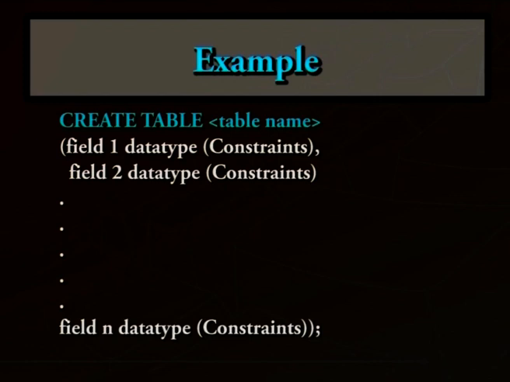The field or attribute names, like field1, field2, etc., specify the names of the attributes, or we can say columns, of the table that we want to create in our table. The data type in the syntax along with the column name is to specify the data type of the column, like integer, character, etc. Here data type means to mention what type of data we are going to store in this column.